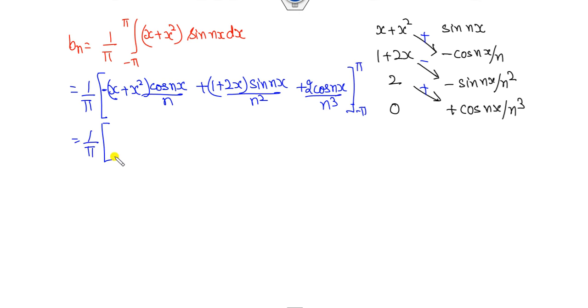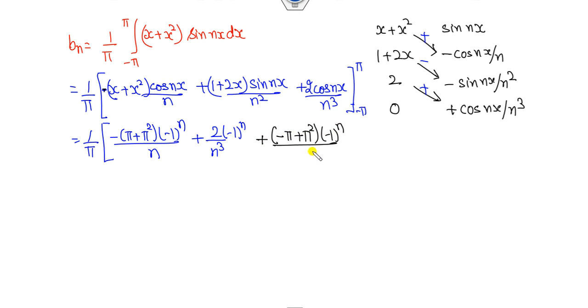So what is the answer of this? When you substitute pi, cos n pi, it is pi plus pi square, minus 1 raised to power n over n. Sin n pi is 0 and it will be 2 over n cube, minus 1 raised to power n. When you substitute minus pi, minus minus plus, it's a minus pi plus pi square, minus 1 raised to power n over n.